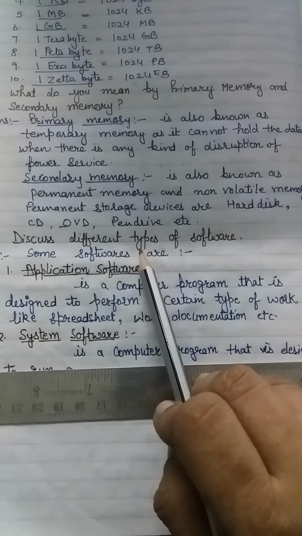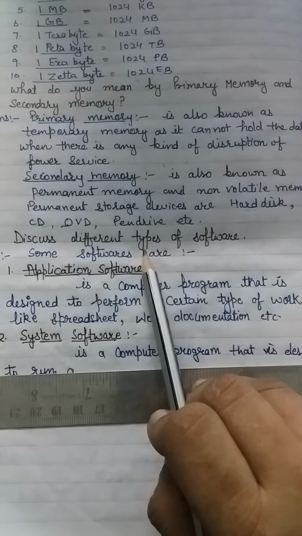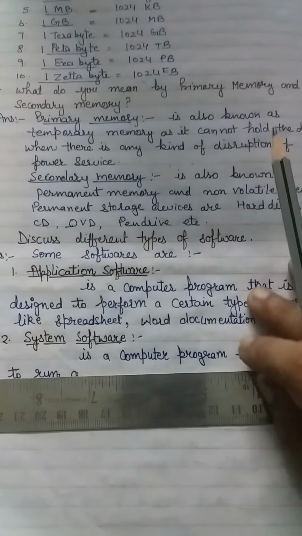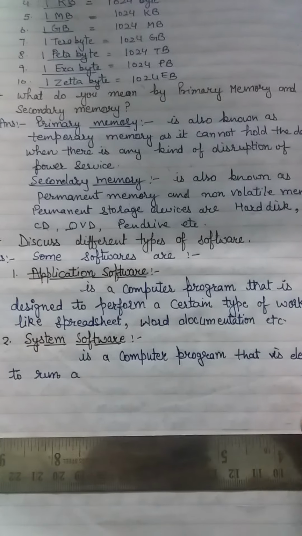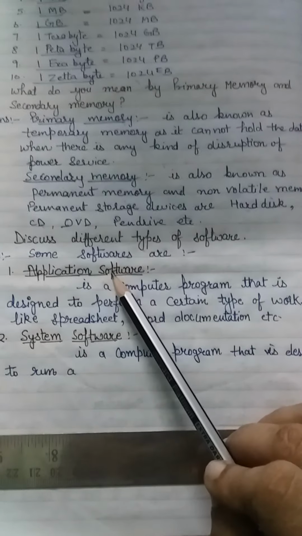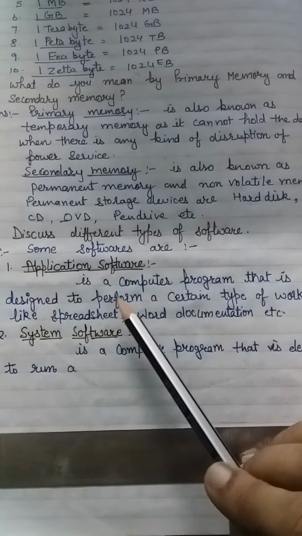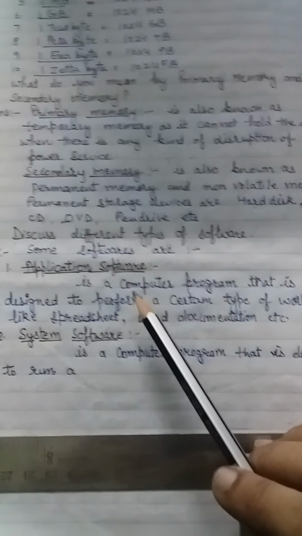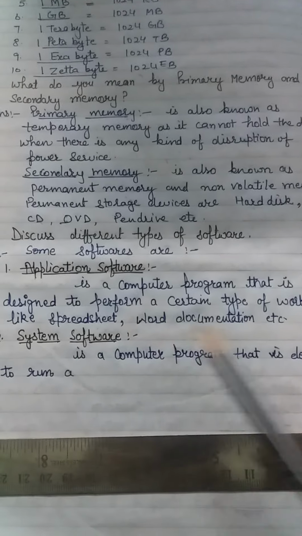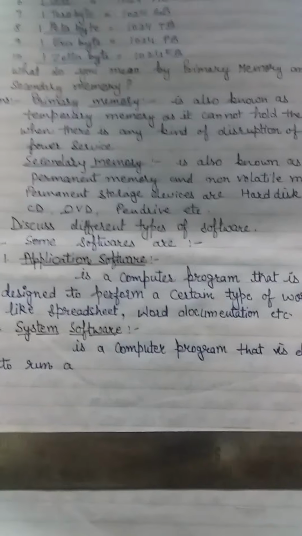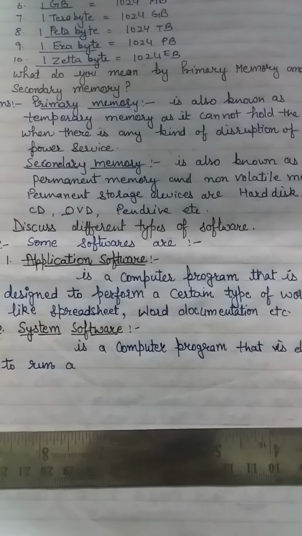Next question arises about the different types of software. Already discussed, I think, in earlier points. The different types of software are application software and system software. Application software performs certain tasks for us. A certain task means a specific task to be done by the application software.